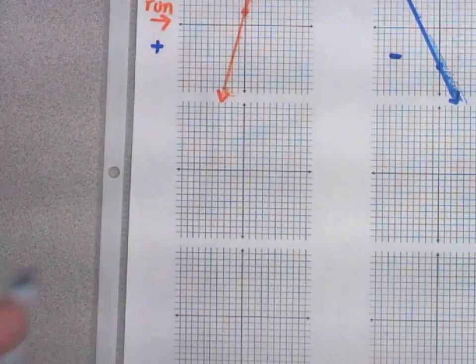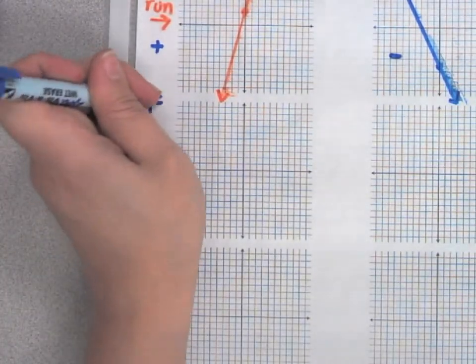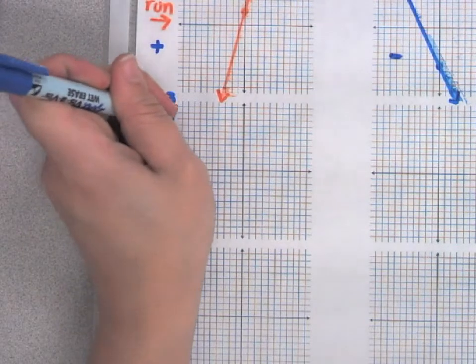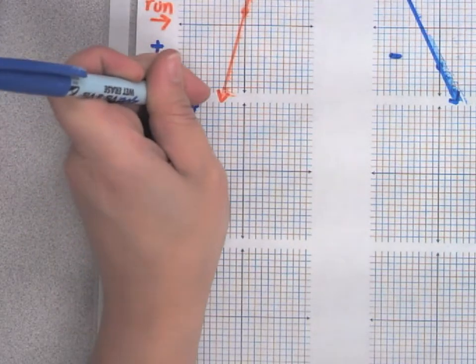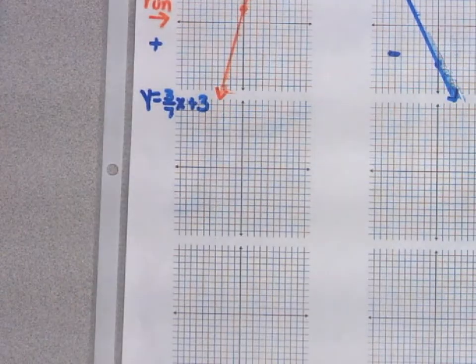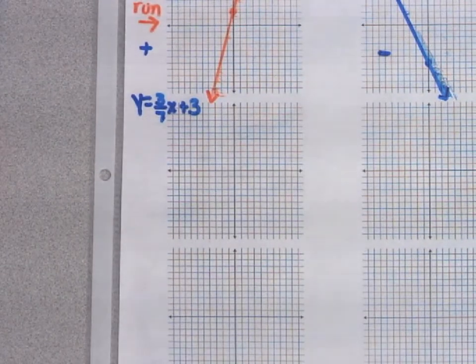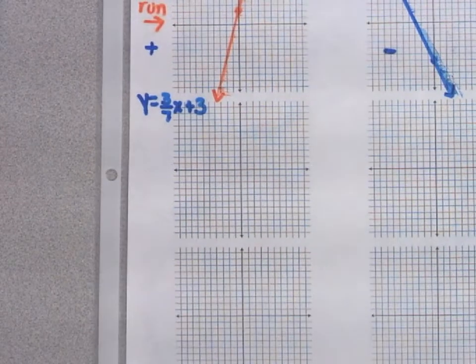Let's try the next one. Y equals 3/7 x plus 3. So what's my y-intercept? Where am I going to put my point, CJ?